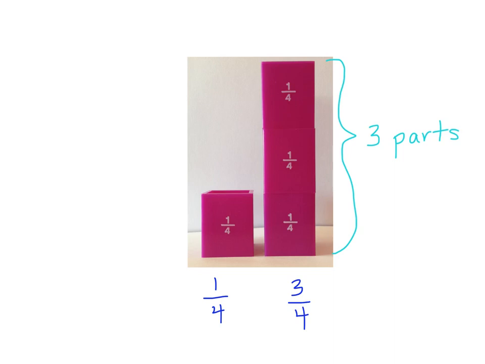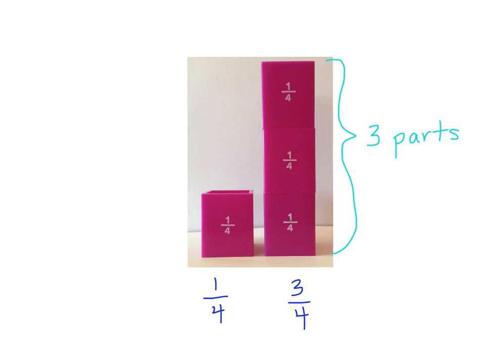Because what that means is my denominator is going to be the same. In this case, I'm looking at fourths. And all of the 1/4 pieces are going to be this magenta color. So this is 1/4, 1/4, 1/4, 1/4. So I'm looking at like denominators, 4 in the bottom, 4 in the bottom.